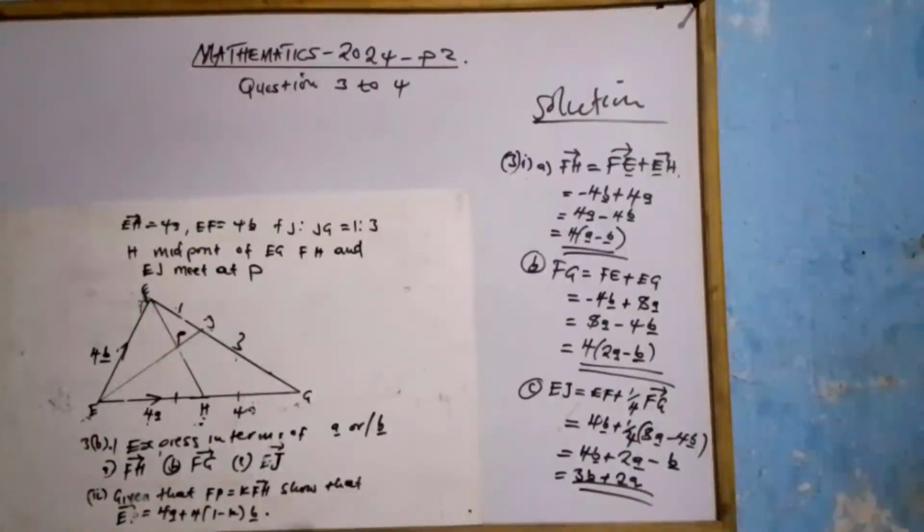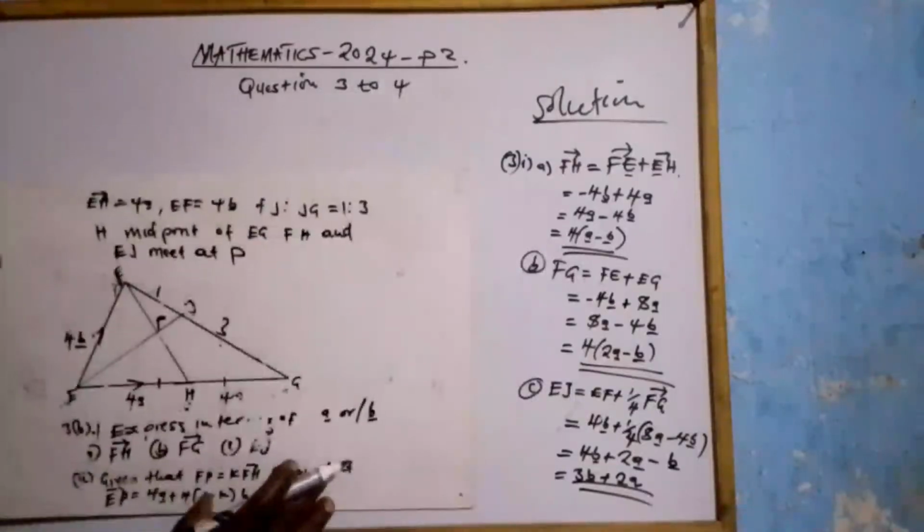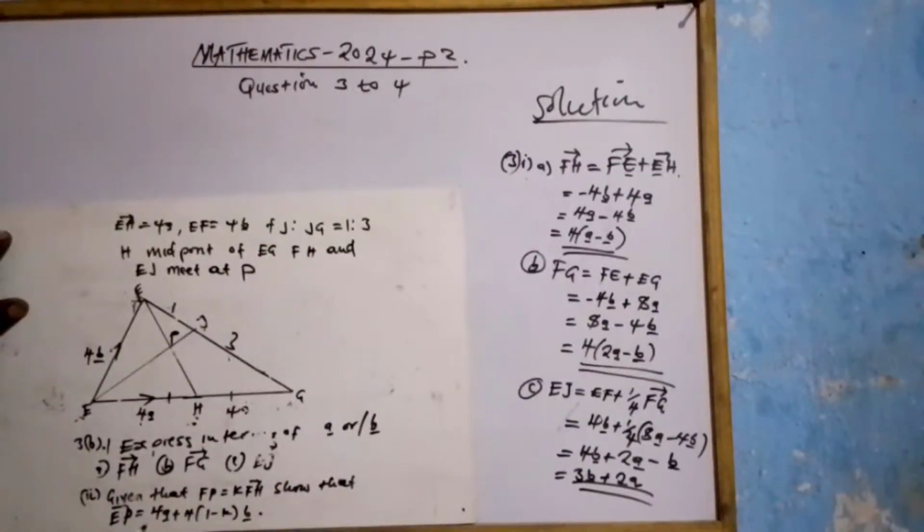So now, since we are done with that, let's move on to Roman numeral 2. Given that FP is equal to KFH, show that EP is equal to 4A plus 4 open bracket 1 minus K and B outside.